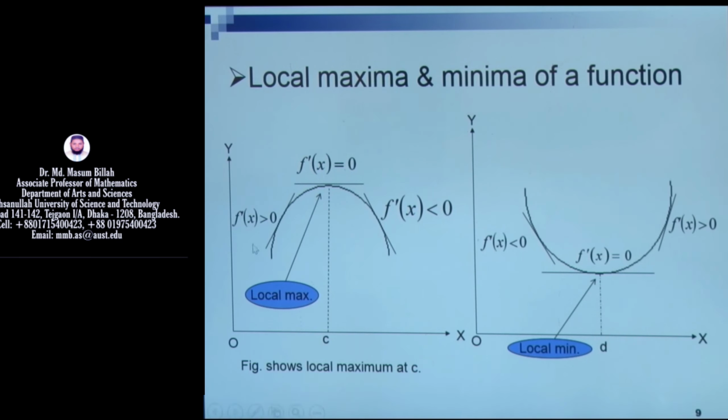Okay, so you see, if we have a concave down graph, the stationary point is known as the maximum point, and if we have a concave up graph, then we can say the stationary point is known as a local minimum point.